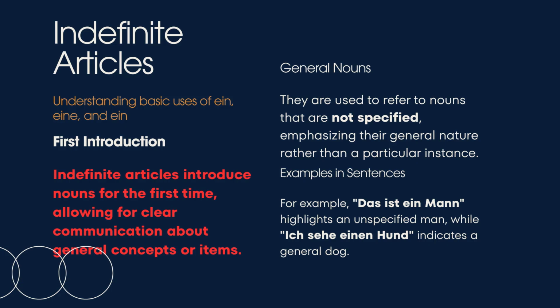We identify that it is a man, pointing out someone from a group of people, not a specific man. Also we can say das ist ein Auto, or ich sehe einen Hund. All of these are introducing a noun.